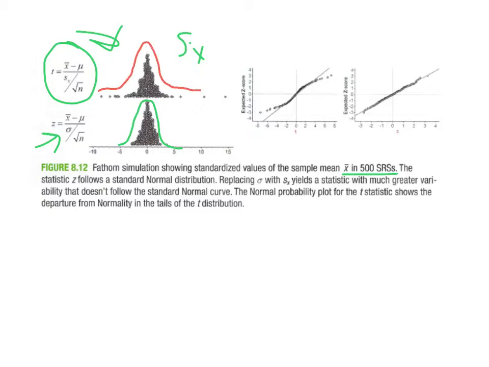Okay, it's unimodal, but you'll notice that the spread is bigger and there's more area under the ends of the tails. So basically my distribution here has a bigger spread. It's a little bit wider, and that is my t distribution. You can see it here on the probability plot.